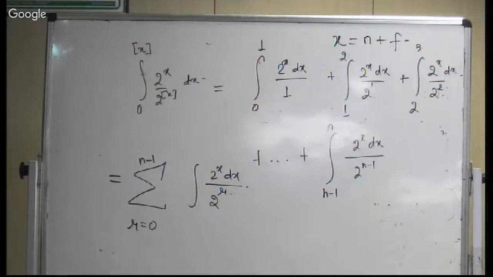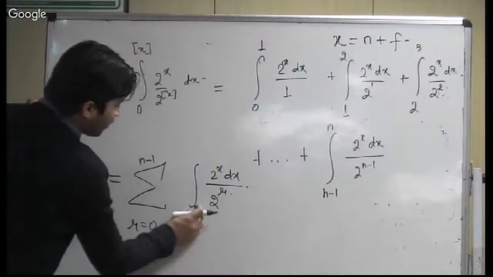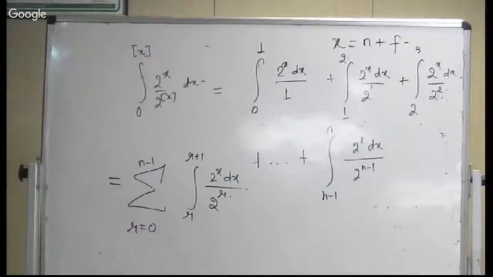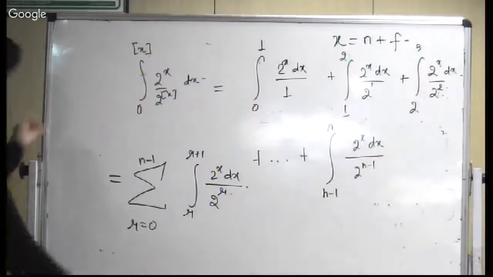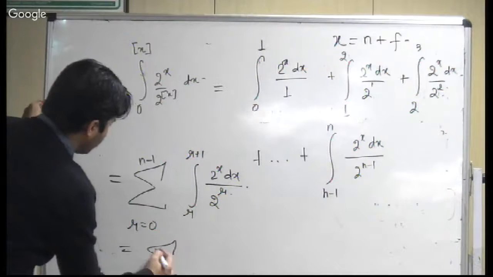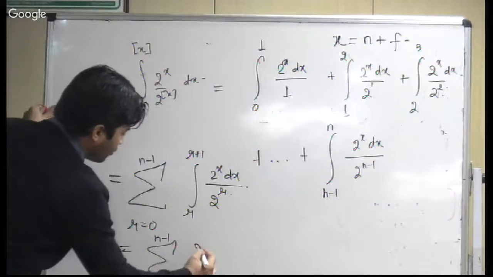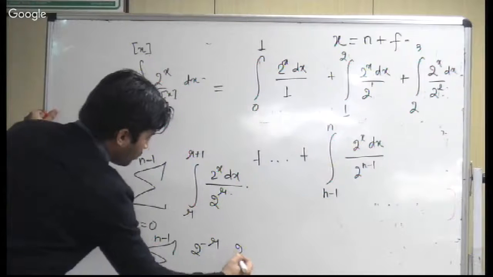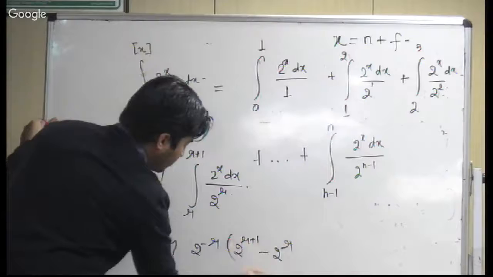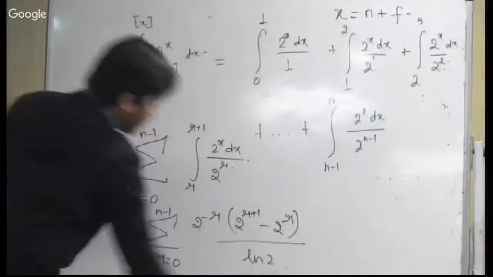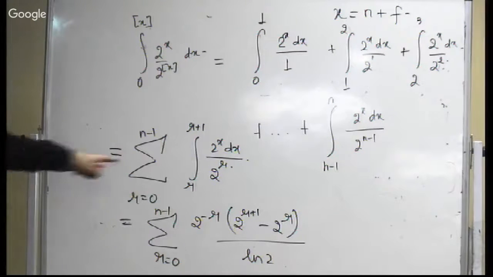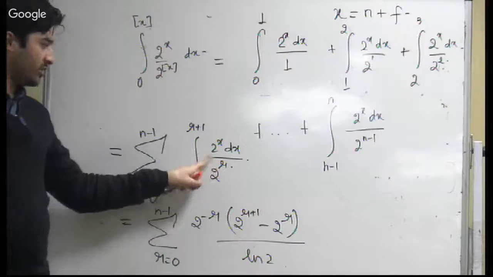Okay, and what are the limits going to be? r to r plus 1. So I am going to say this, sigma r equals 0 to n minus 1, 2 to the power minus r, times 2 to the power r plus 1 minus 2 to the power r by log 2. Can I say this? Any issue with this? 2 to the power minus r is just a constant, it will come out.